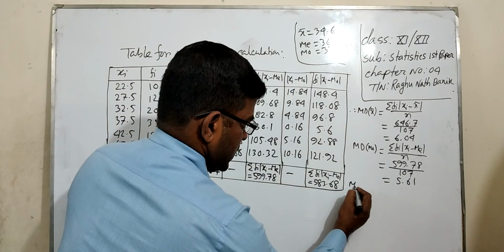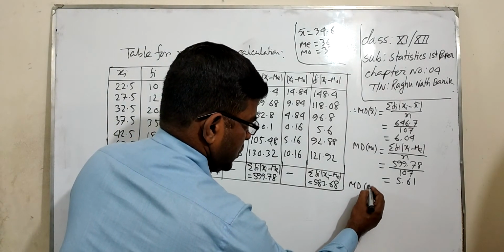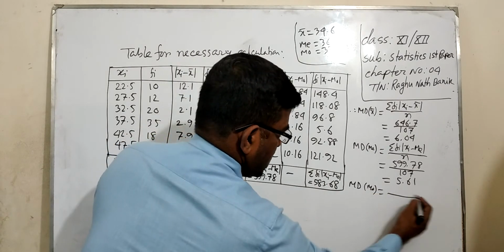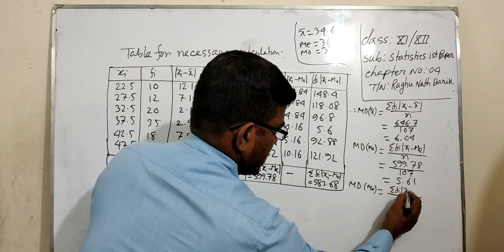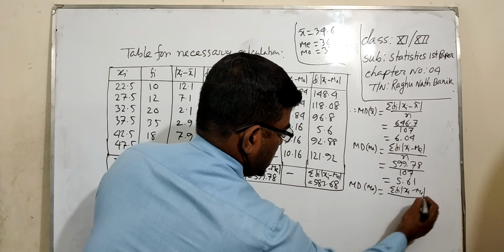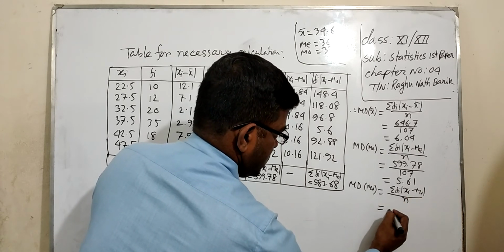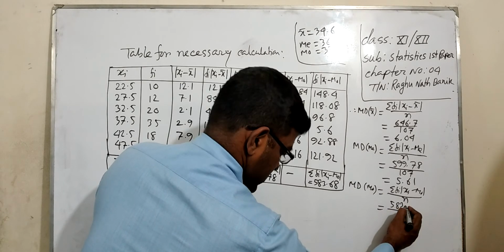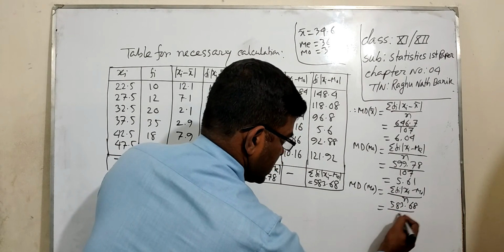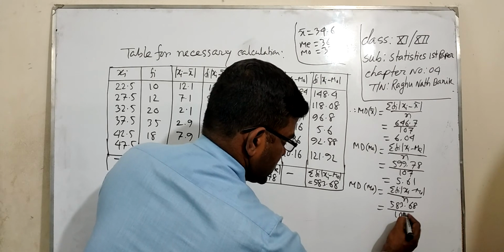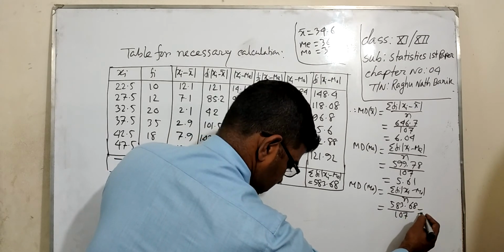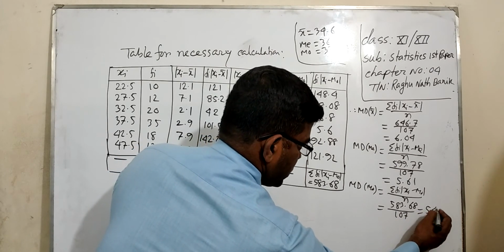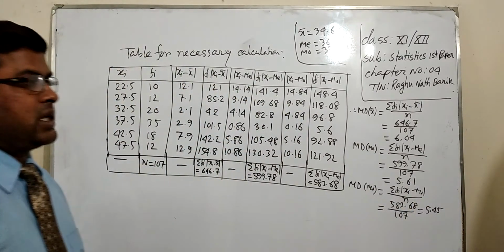Again, mean deviation about mode: summation Fi modulus Xi minus mode divided by n equal to 583.68 by 107. The value is 5.45.